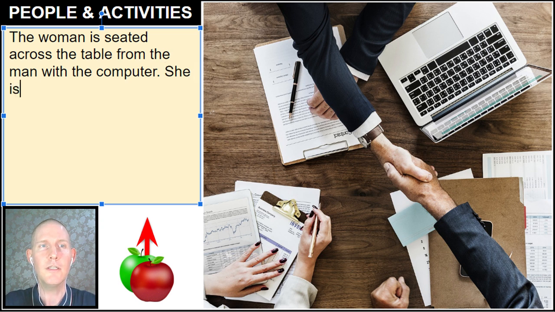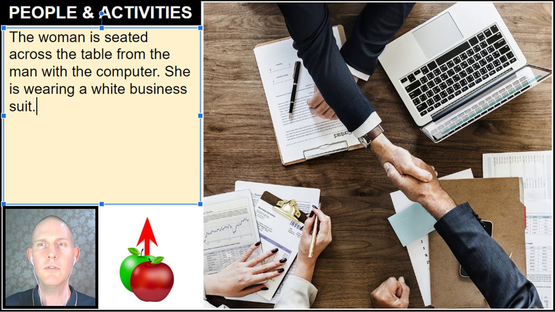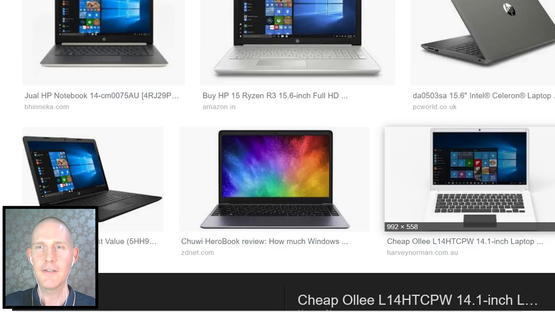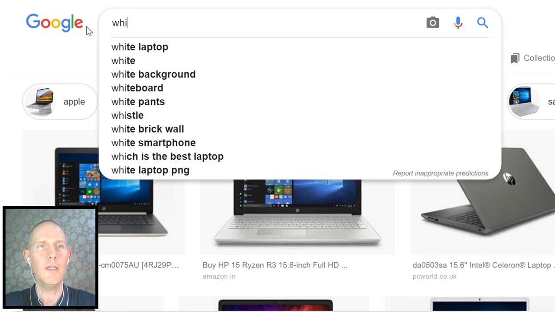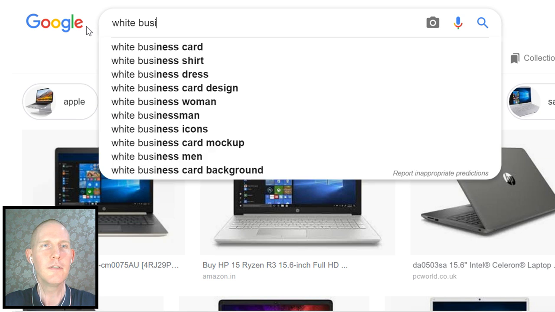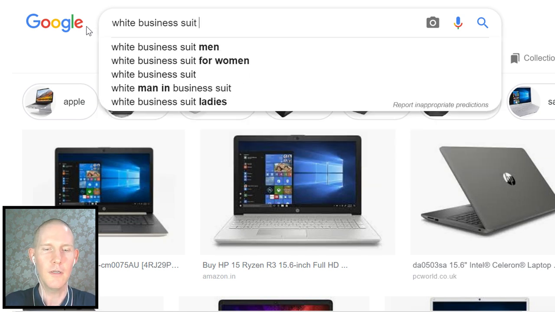All right. She is wearing a white business suit. Probably a business suit for women, I assume, because she's a woman. Let's see, maybe we'll do white business suit for women.